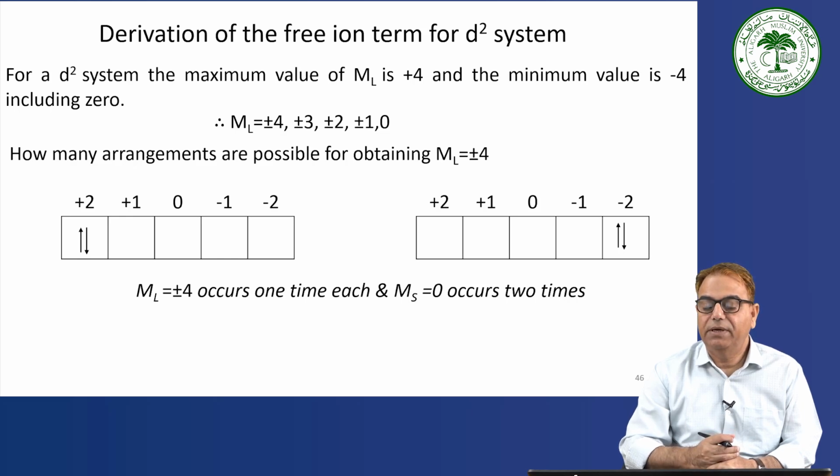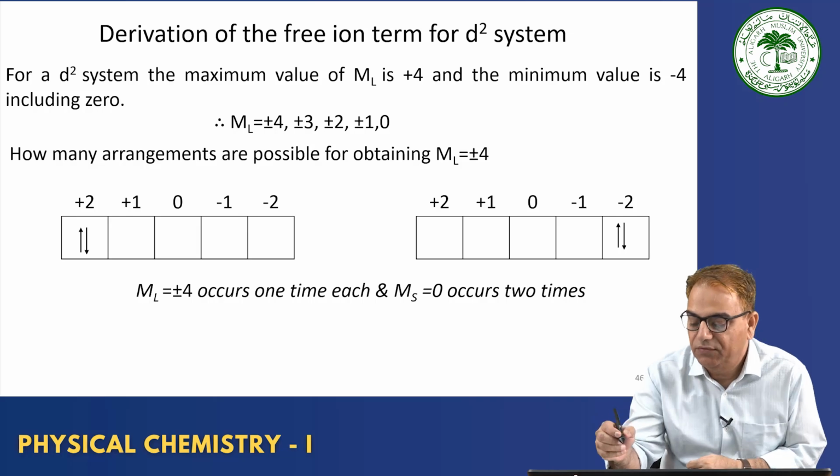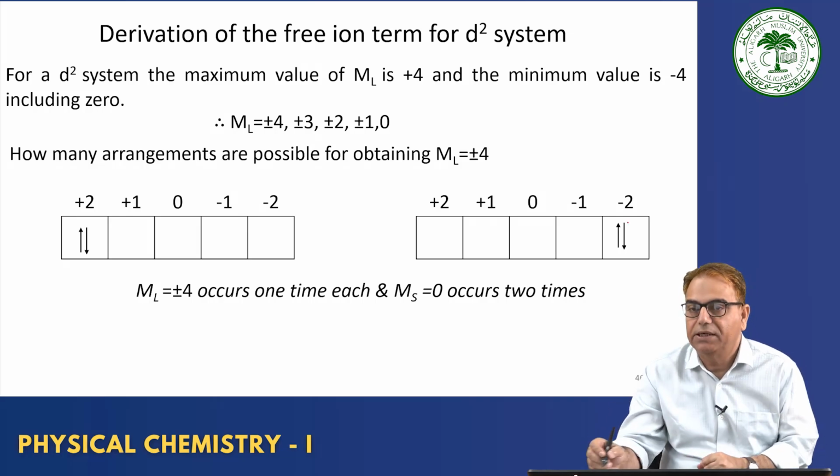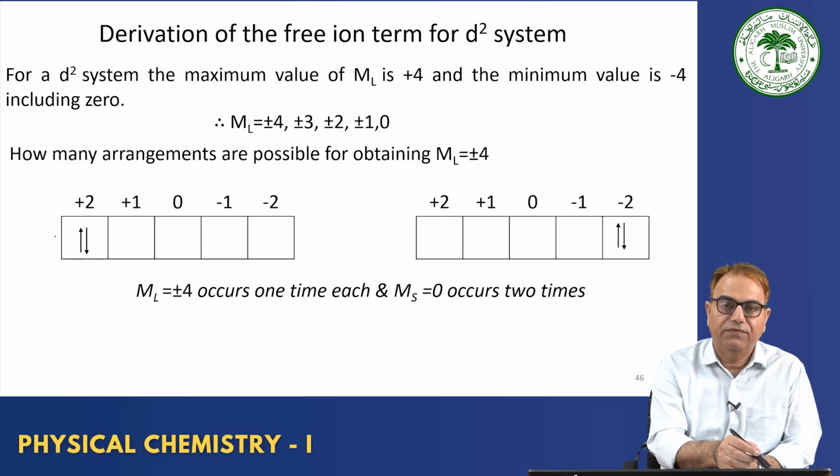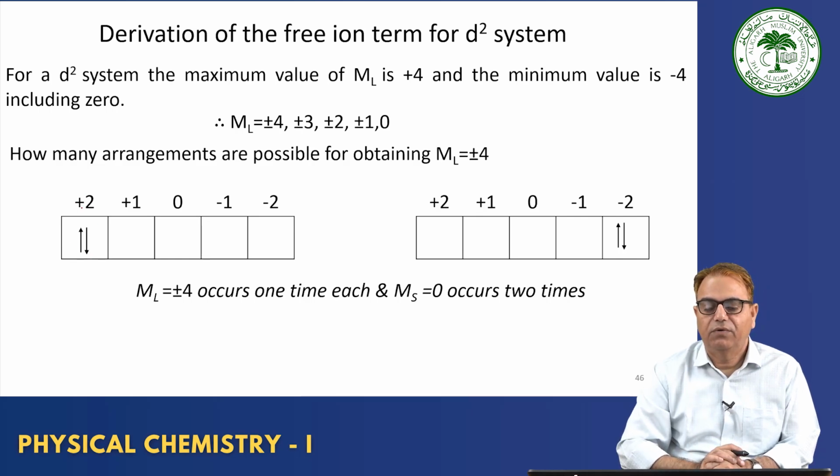For the D2 system, the maximum value of ml is plus 4. Okay, because if you have a d orbital, and both the electrons occupy the first box, then the maximum value of ml you get is plus 4 for the 2 electrons.